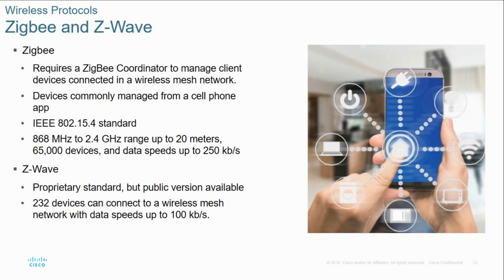Another wireless protocols that are becoming more popular are the Zigbee and the Z-Wave. These protocols are typically used for smart IoT home solutions. If you want to know more about this, I encourage you to take also the IoT training that we have.